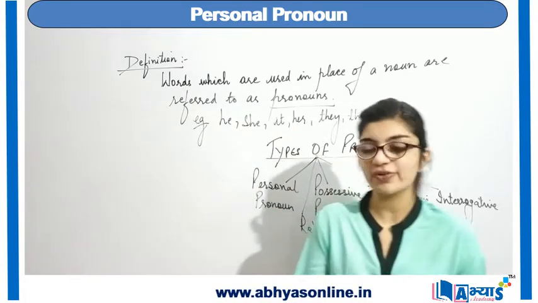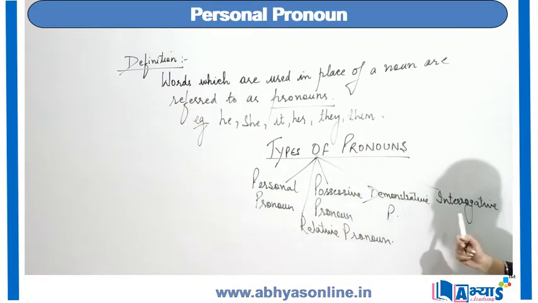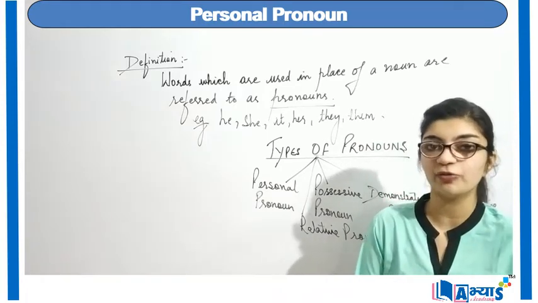So different types of pronouns are personal, possessive, demonstrative, interrogative and relative pronouns. These are the 5 types of pronouns.